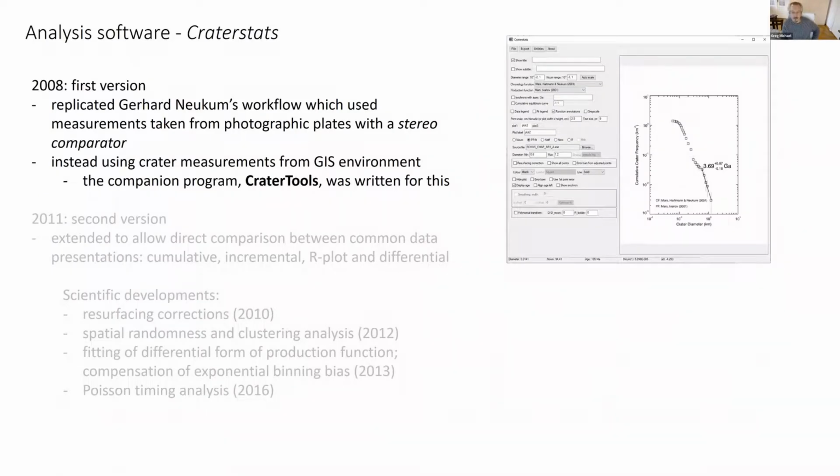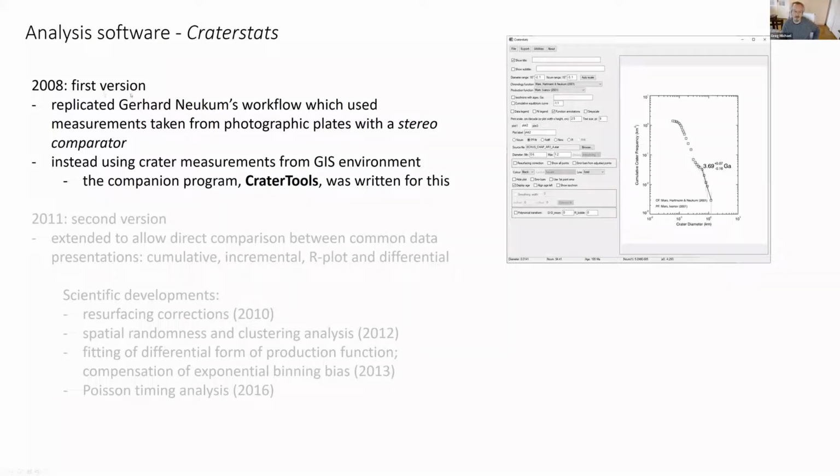And then the second part of the analysis is the Cratostat software, which takes this data and runs it through the crater chronology model that you've chosen to use, and brings you to the point of measuring an age from the surface. This software has been going on since 2008.